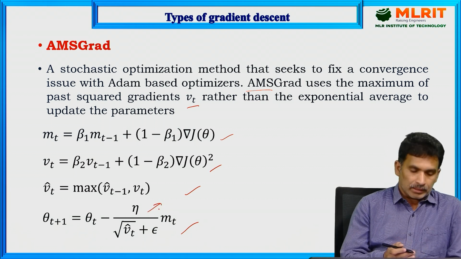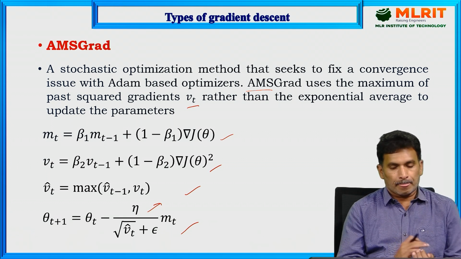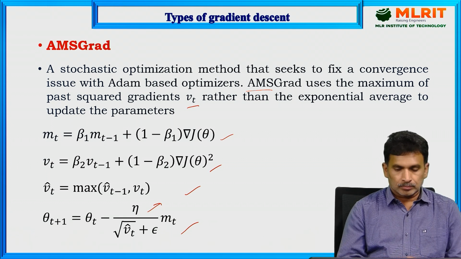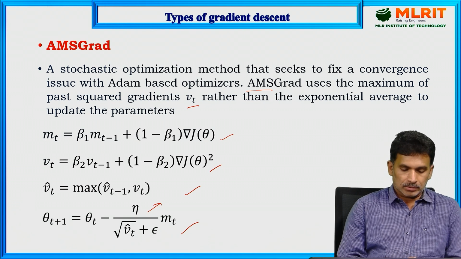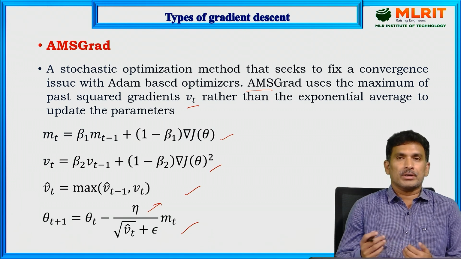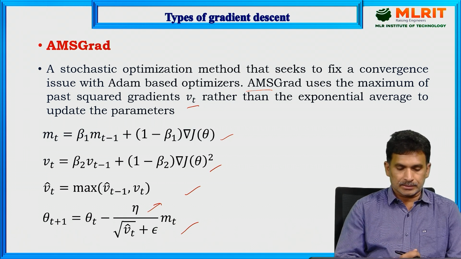And one more thing: in few of these gradient descents we use a constant learning rate, but sometimes it may not be the right option. In that case we have to use different learning rates. That also we will discuss in detail.